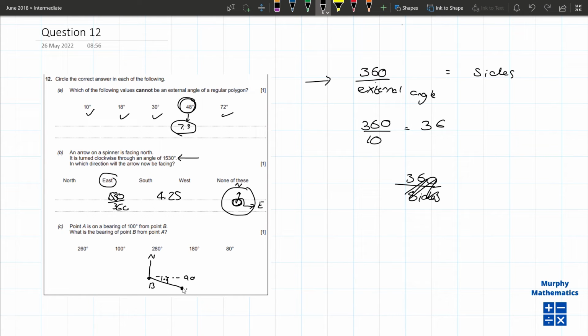So this now is point A, and we know A's north is here, it's the same north. But we need to find out A to B. So we know we go clockwise from north, which is here. And we kind of know that's just a bit, no, our quadrants, that's 270. So we expect it just to be a bit bigger than 270 degrees, not less because it's past it. So we know we're going to have 280 degrees.